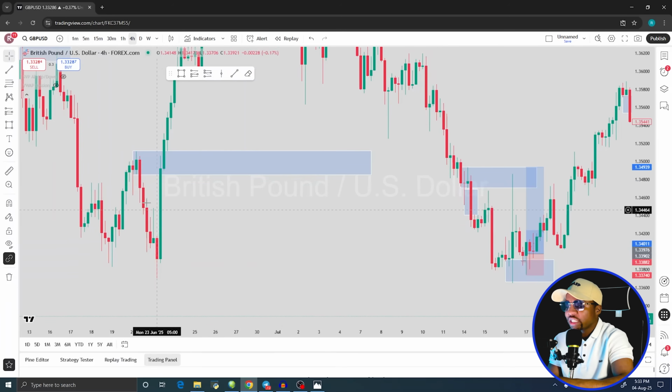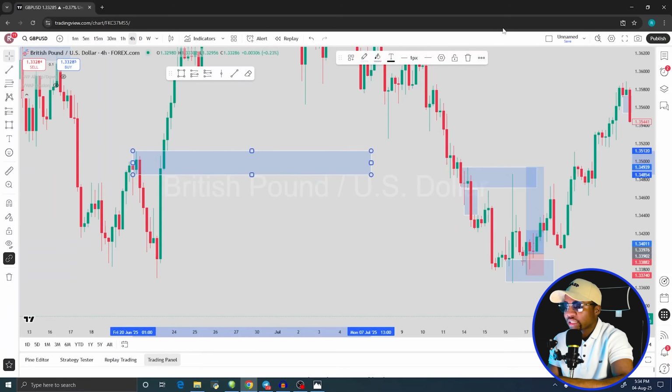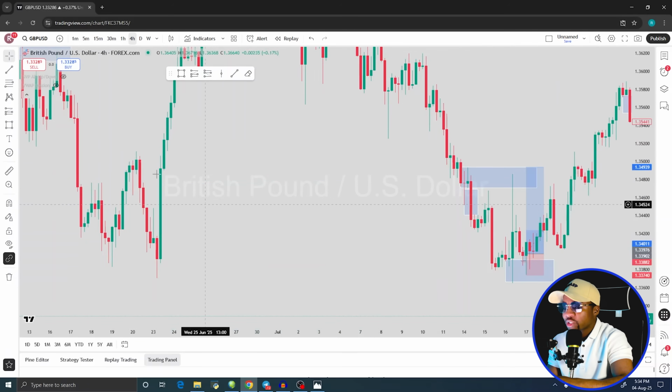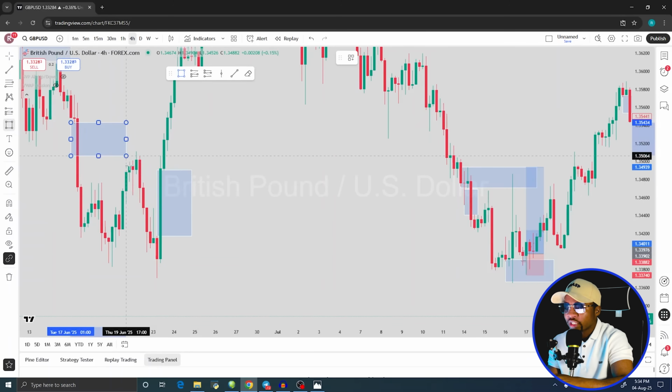Then the FVG is just this imbalance right here, the space that is left in between this candle and this candle, that's the FVG. Also here, the space left between here and here, that's the FVG.